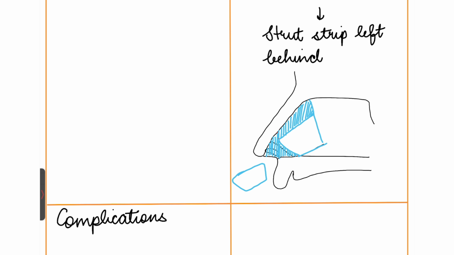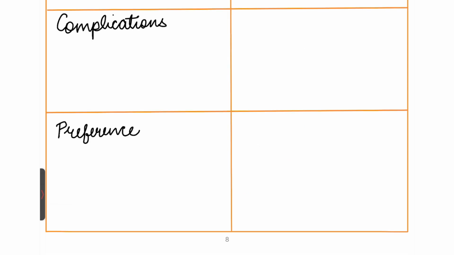This is the quadrilateral cartilage. This is the strip which we have removed of quadrilateral cartilage, and this is the strip that is remaining. This strut strip is left behind. It is L-shaped. We have seen that majority of the septum is removed in SMR.